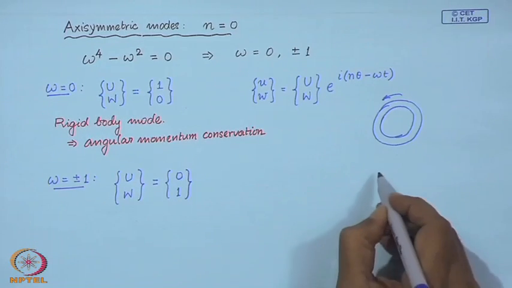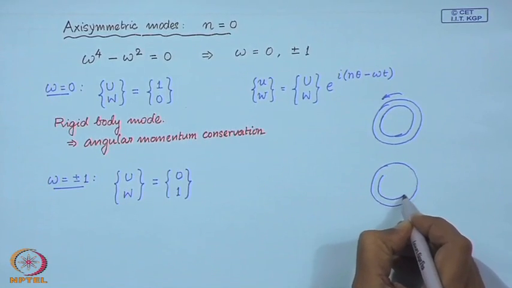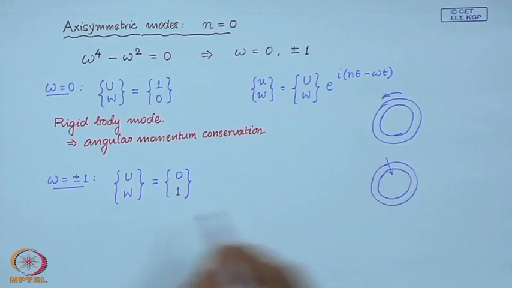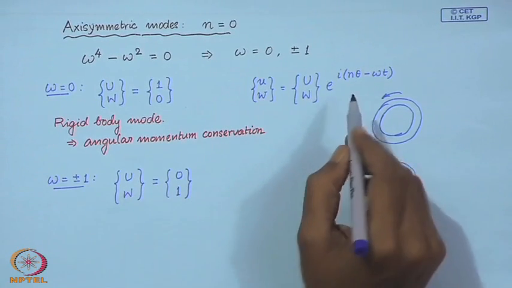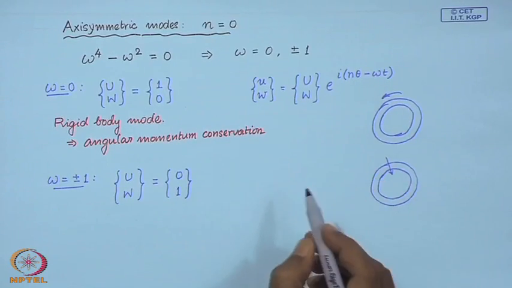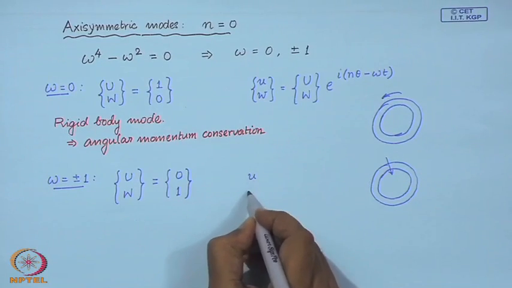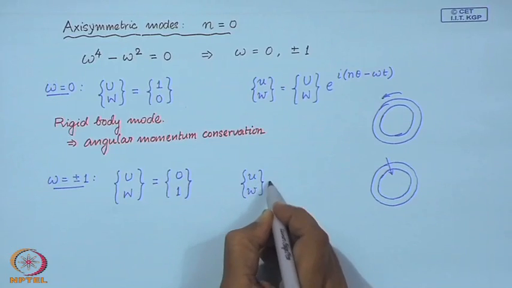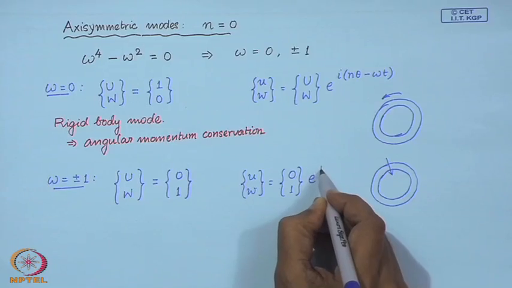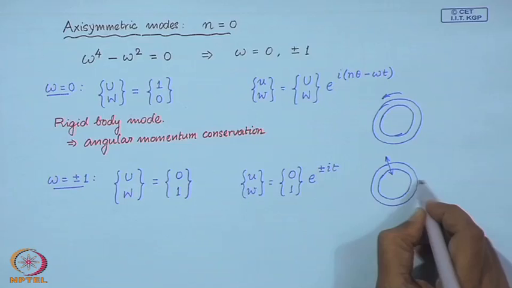So, now there is no motion in the circumferential direction. Here n is equal to 0, but omega is plus or minus 1, which means it is an oscillatory mode, which is only in the radial direction.